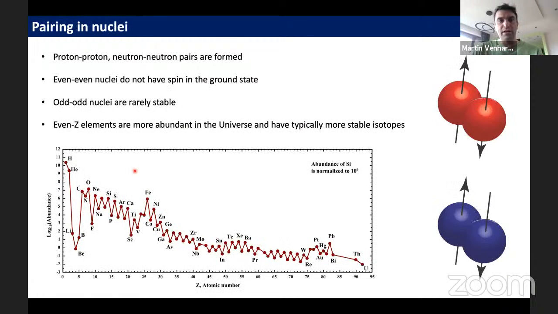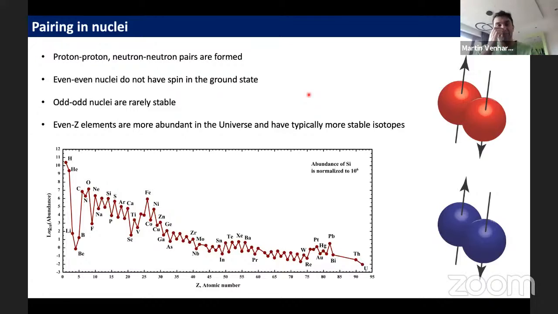A very important property of atomic nuclei is pairing. They create proton-proton and neutron-neutron pairs. This is different from the atomic shell, where you put the electrons into orbitals following Hund's rules, not in nuclei. So if you take an even-even nucleus, meaning a nucleus with an even number of protons and an even number of neutrons, it has zero spin in the ground state because all the spins cancel out.